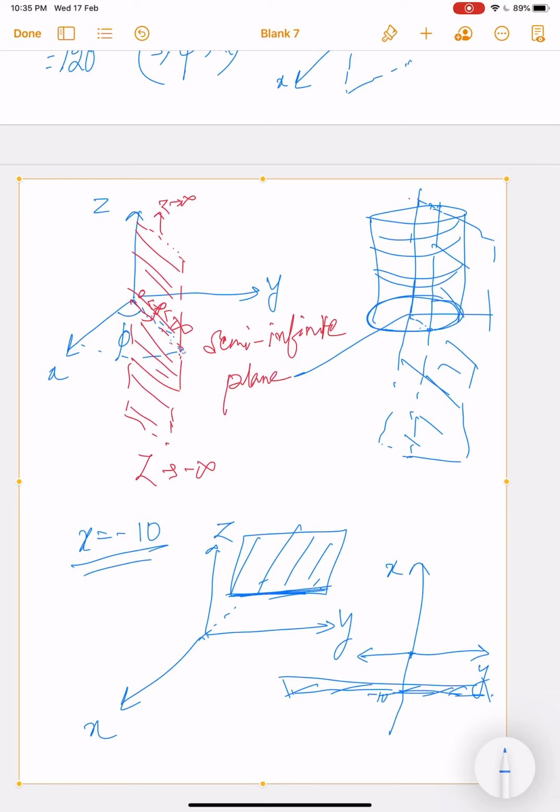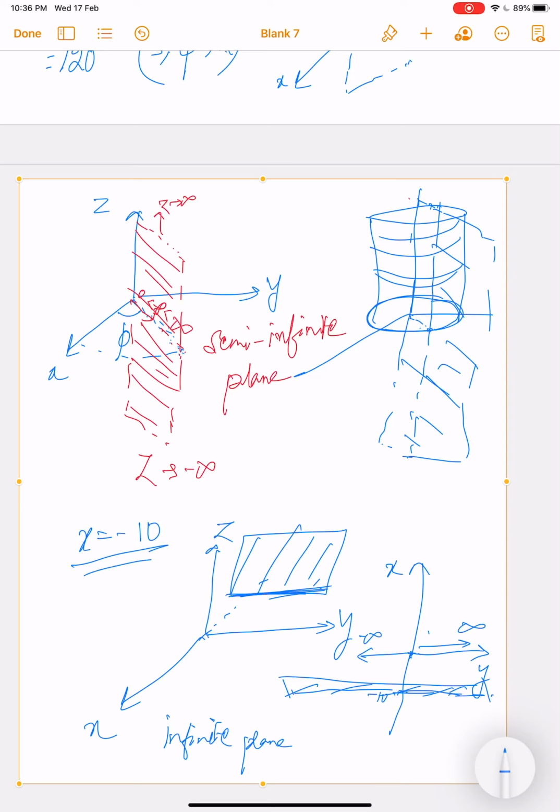You can tell it's an infinite plane. Why an infinite plane? Because your y can vary anywhere, like 0 to infinity, minus infinity to infinity, anywhere it can go.